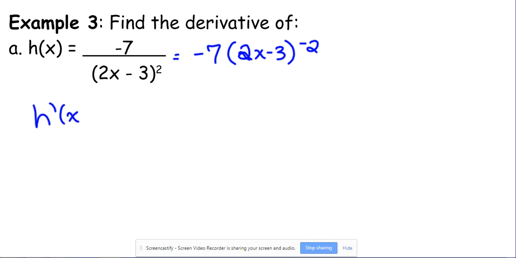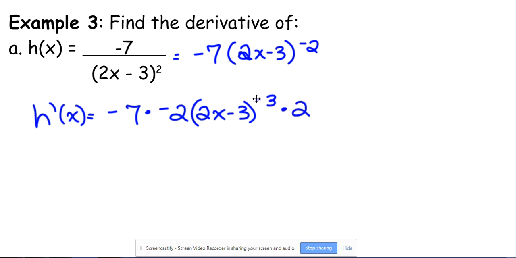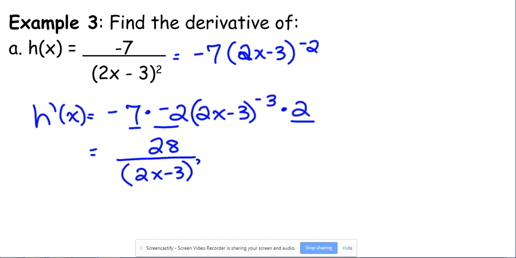So when we apply the chain rule here, remember, keep the negative 7, it's just a constant, bring down the exponent, keep the inside the same, subtract 1 from the exponent, multiply by the derivative of the inside. So we've got negative 7 times negative 2 is positive 14, times 2 is 28, over, getting rid of this negative exponent, 2x minus 3 cubed. And it is easy as that.